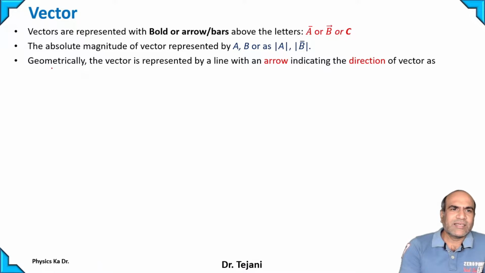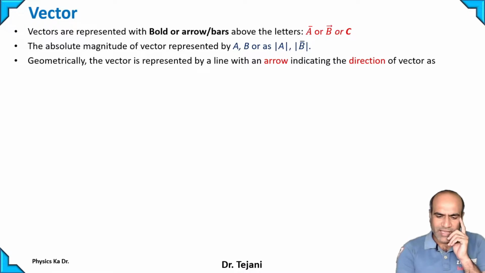Next, geometrically, a vector is represented by a straight line with an arrow.